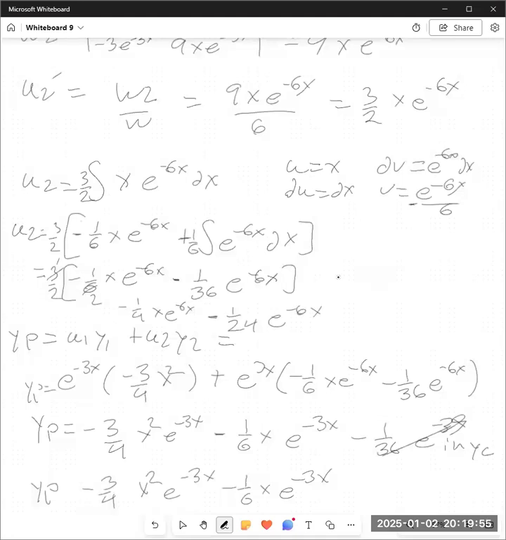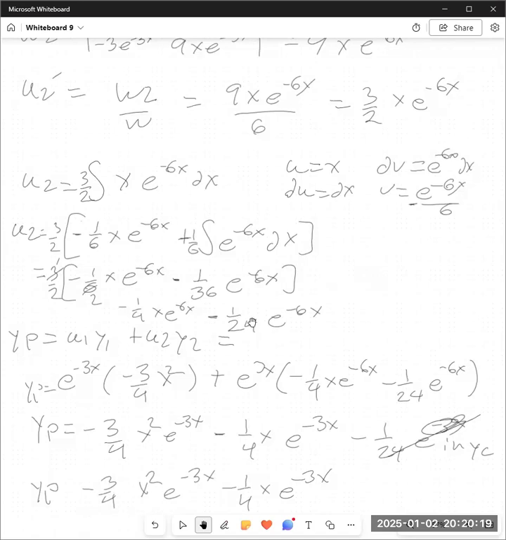That changes. This is negative 1/4. That one's still in yc, but that becomes a negative 1/4.